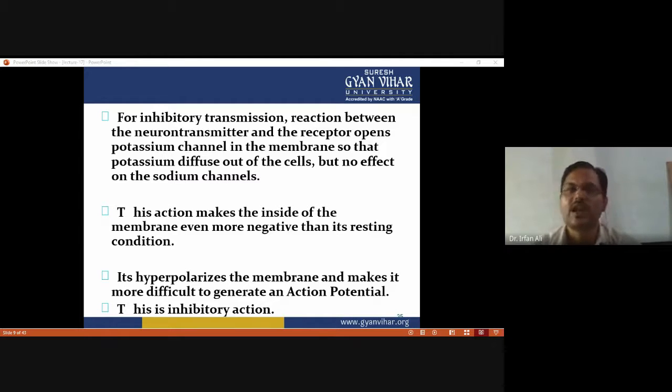This is called hyperpolarization, and it hyperpolarizes the membrane and makes it more difficult to generate an action potential, and this is the inhibitory action.